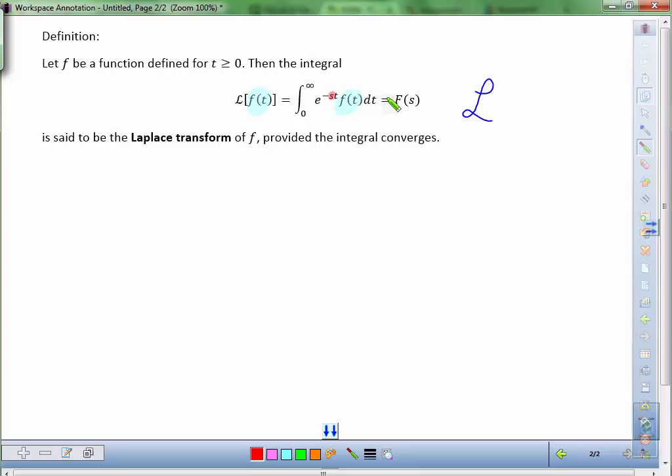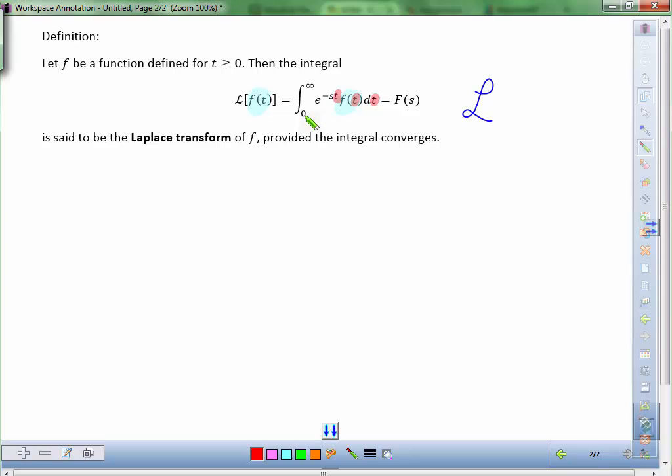We're integrating with respect to the variable t, but there's another variable s in there somewhere, right? So we're going to have to think about treating s as a constant and focus on just the variable t, and that's your variable of integration.